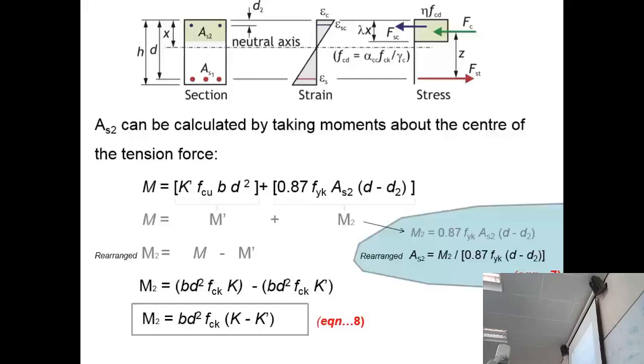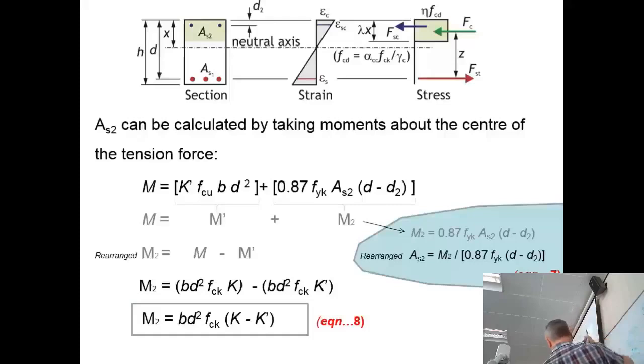That's M. And then what we do in terms of the resistance, we find out how much moment your concrete with a singly can resist, and the extra moment that it can't resist, we design these bars to take up the rest of that moment, and that's classed as M dash.